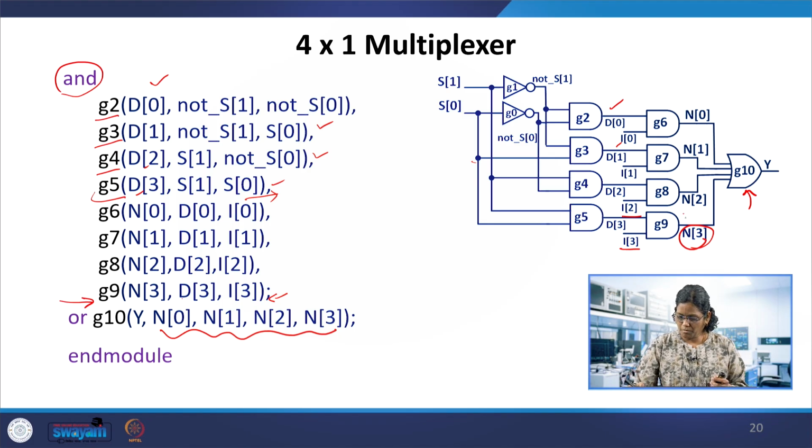So that is how to combine single-bit inputs and outputs as multi-bit vectors, and how to combine the instantiation of AND gates or NOT gates. If you have multiple gates of the same type, the AND is mentioned only once with comma-separated instantiations, and finally do not forget to put the semicolon. There is only one OR gate, so the OR gate is mentioned over here. This is to simplify the code.